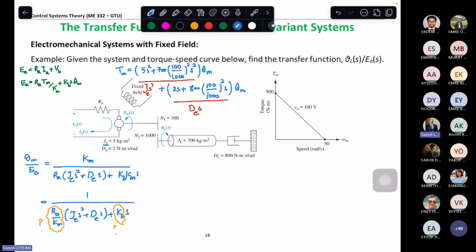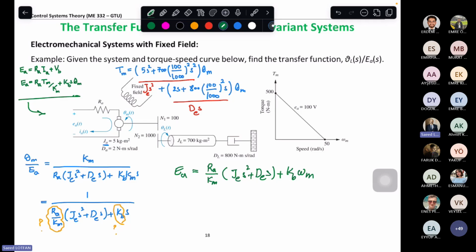So what do we do? We say that our EA is equal to RA over Km JE S2 plus DE S, let's make it in the frequency domain, plus KB omega M. This relationship is rewritten like this.